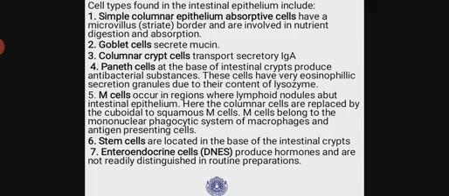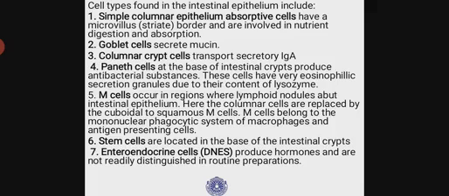Some of the cell types found in the intestinal epithelium include simple columnar epithelium, which are the absorptive cells, which have a microvillus, that is a striated border, and are involved in nutrient digestion and absorption.